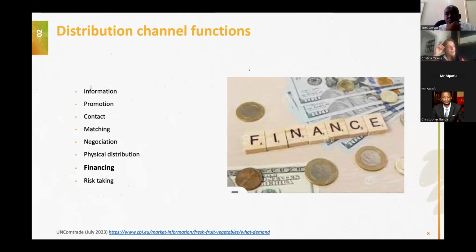But a distributor might be able to. Also, when you sell to regional and international markets, the payment terms seem to get longer and longer. It might take anything between 30 and 60 days to get paid for your product.